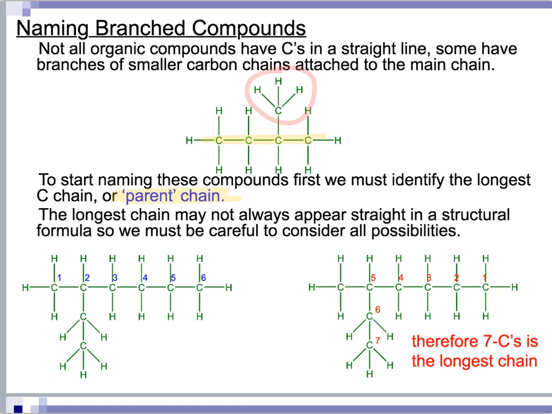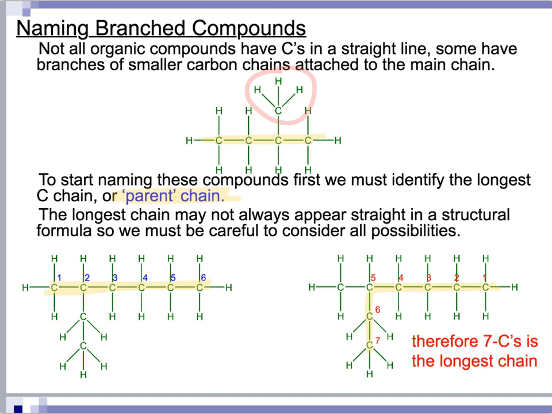So when we are looking at these structures below, it's the same structure drawn twice to demonstrate a point. If we look at it too quickly, we might be fooled into thinking that the greatest number of carbons is going straight across here, which would be 6 carbons as it's labeled. However, if we think around corners and we actually think I could go around here, I never had to take my finger off of the iPad.